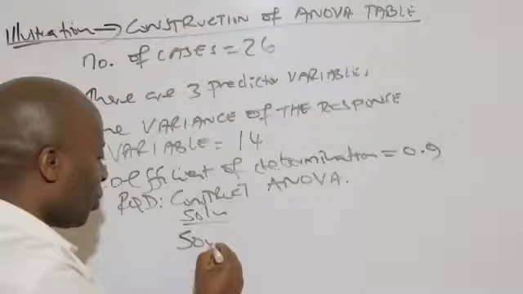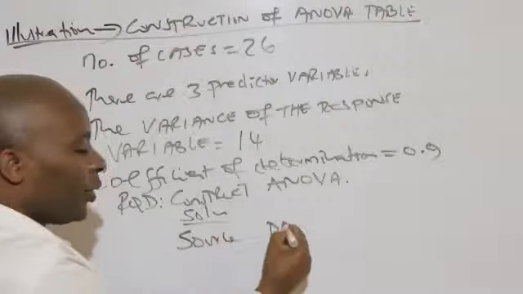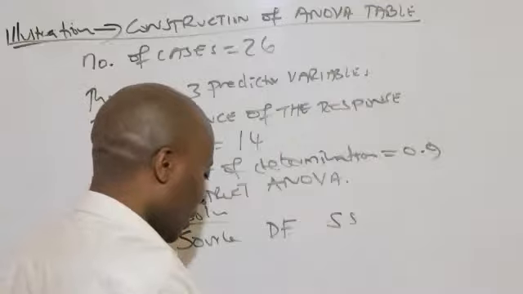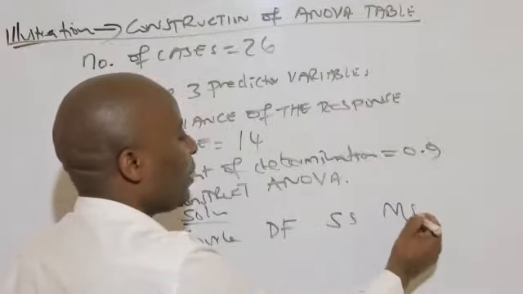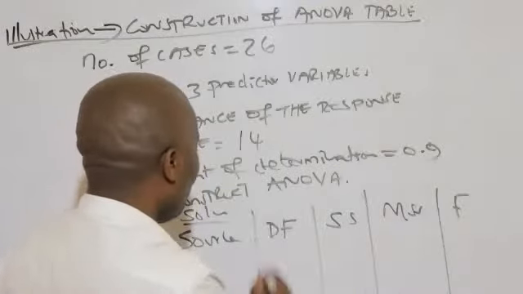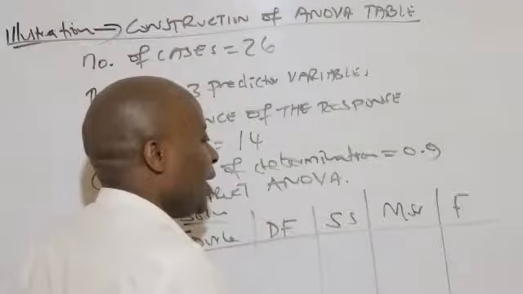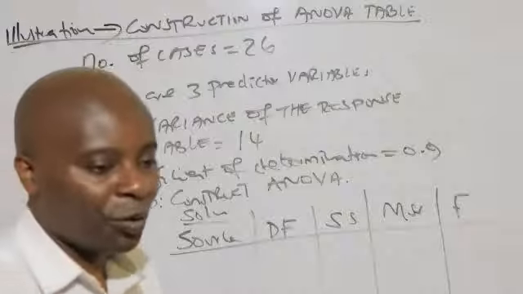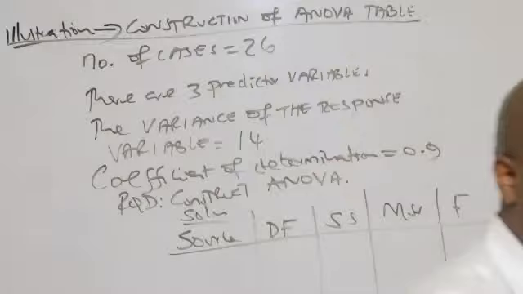We have the source, the degrees of freedom, the sum of squares, the mean sum of squares, and then we have F. I want to give you a minute to see how far you will go in constructing the ANOVA table that you were taught in QA section 4.